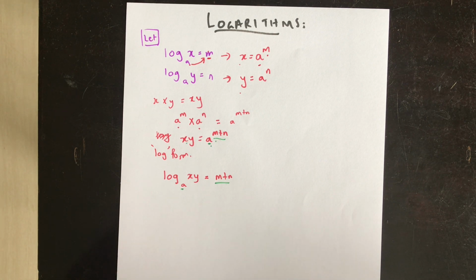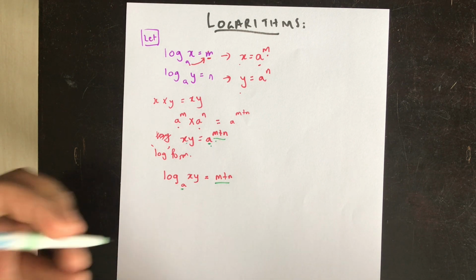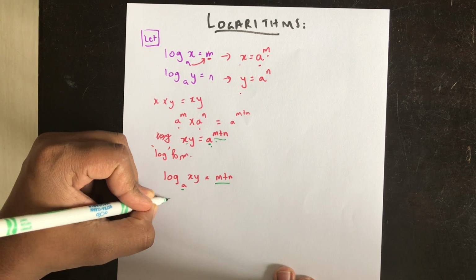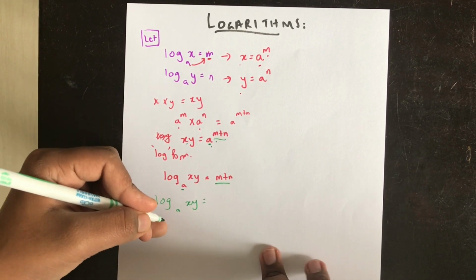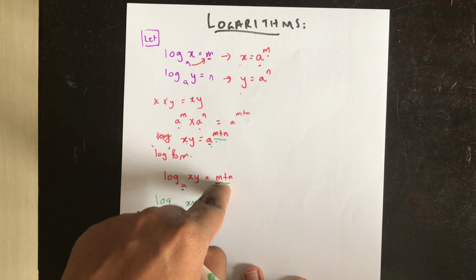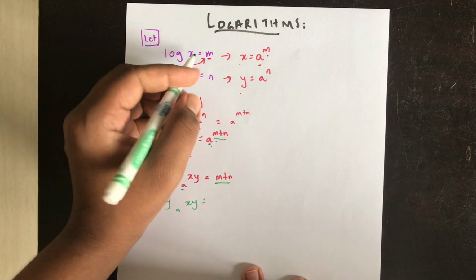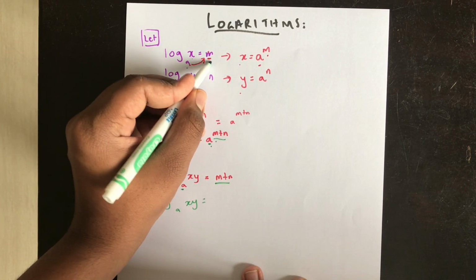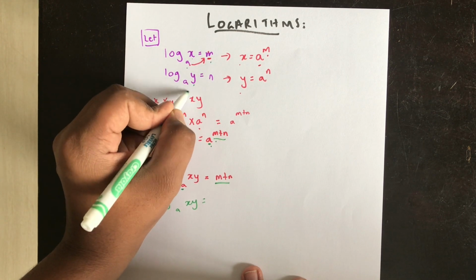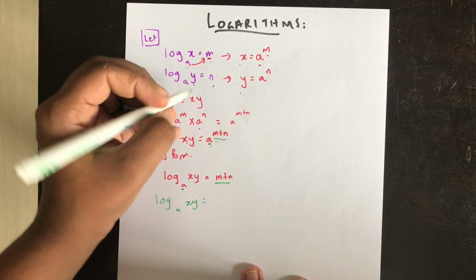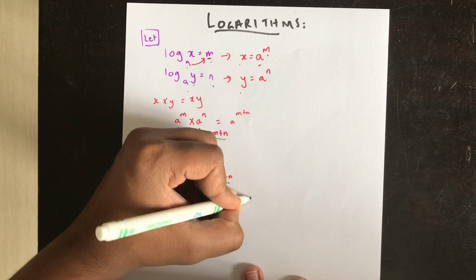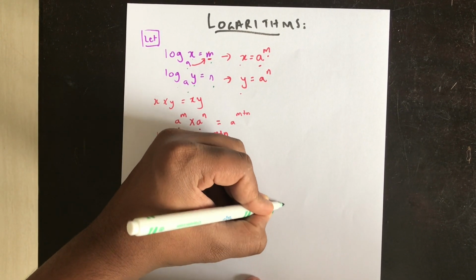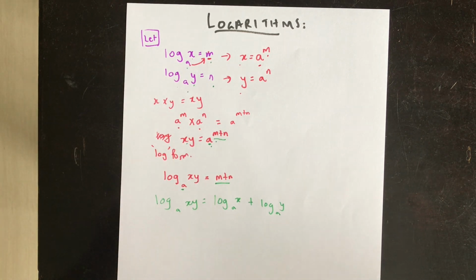Now from here we can also say that log xy to the base a is equal to m plus n, and from here we said that let log x base a is equal to m, and let log y base a is equal to n. So this is the same as log x base a plus log y base a.